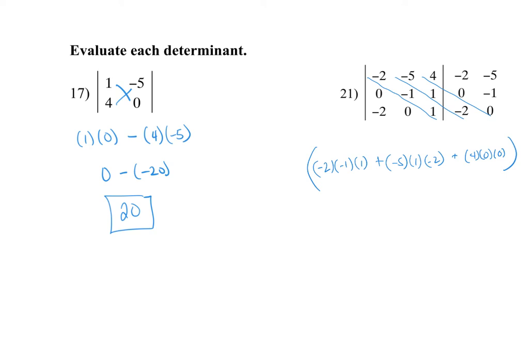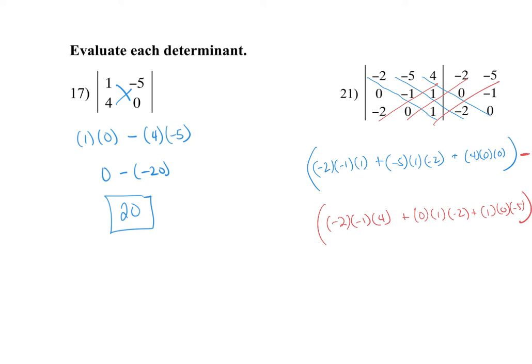And then I am going to subtract, right? We're subtracting, and we're going to go the other direction. We will say -2 times -1 times 4, plus, you're still adding inside of it, 0 times 1 times -2, plus 1 times 0 times -5. All right.